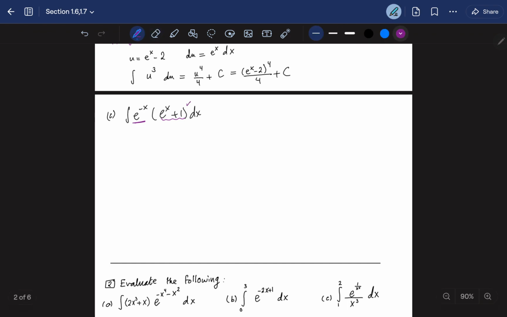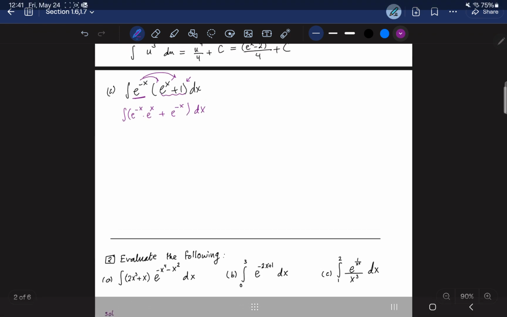Since I don't have any powers, my power is 1, I can easily just distribute this to the whole parentheses. Once you distribute, you're going to get this.